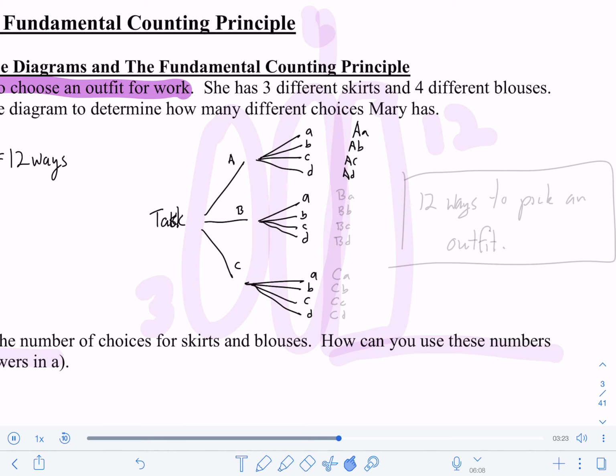So that's all of the A skirts with all of the possible different blouses, 4 different outfits there. B A, B B, B C, B D, C A, C B, C C, and C D. And so you can see, if you count them up, 1, 2, 3, 4, 5, 6, 7, 8, 9, 10, 11, 12. 12 ways to pick an outfit.